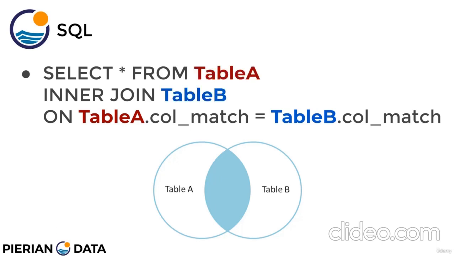So getting from table A and then joining on table B is the same as getting from table B and then inner joining on table A. Keep in mind, this is only true for an inner join. So switching around the orders here, even switching around the column match order, doesn't really matter for an inner join because it's the same regardless, because this is a symmetrical Venn diagram.